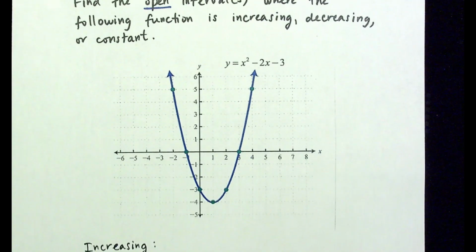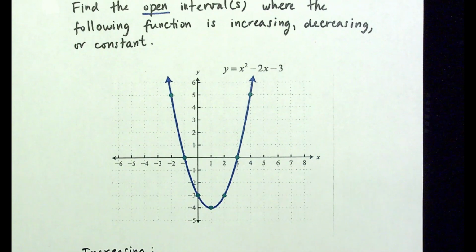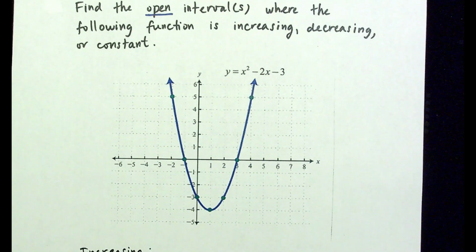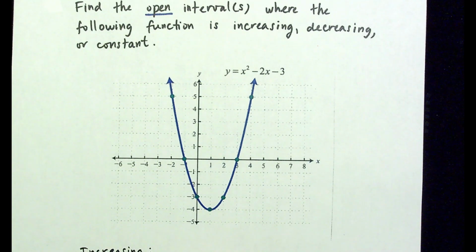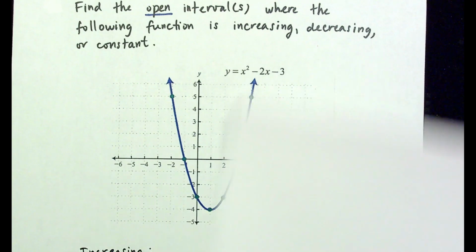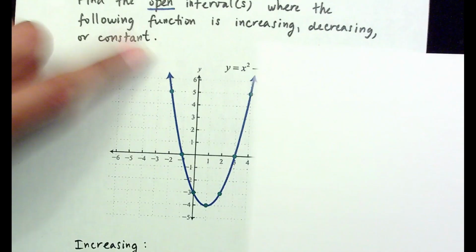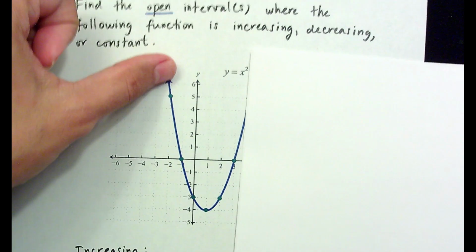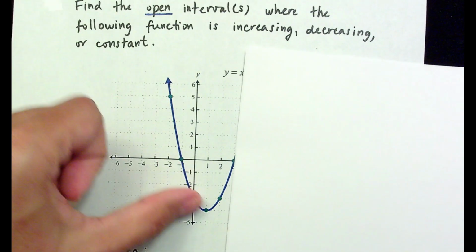In this question, look at this graph and indicate what are the open intervals where the graph is increasing, decreasing, or constant. As we move from left to right, the graph goes down up to here. We are moving from left to right on the graph, so we're going down and then we go up.